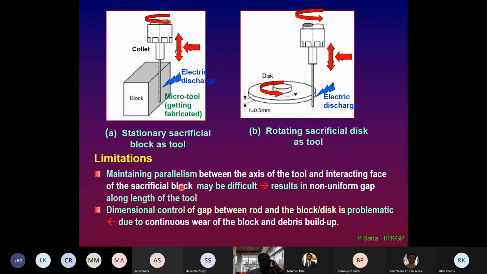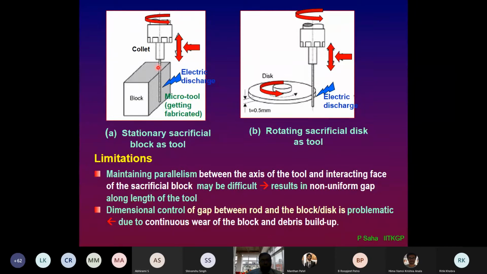So maintaining parallelism between the axis of the tool and the interacting face of the sacrificial block may be difficult. This will result in a non-uniform gap along the length of the tool. As a result, dimensional control of the gap between the rod and the block will be problematic. Why? Due to continuous wear of the block and debris buildup.